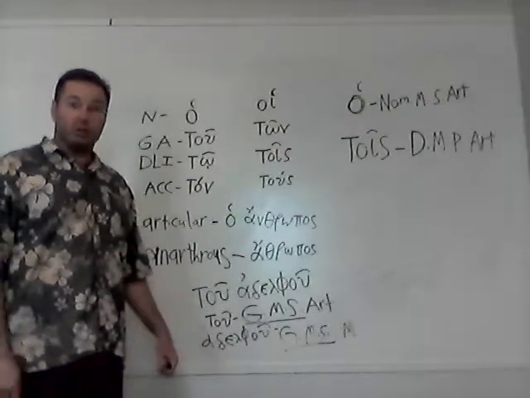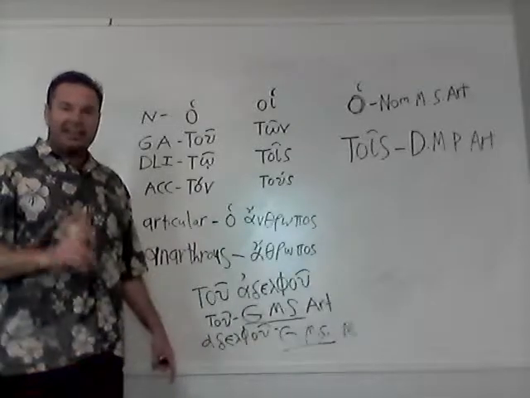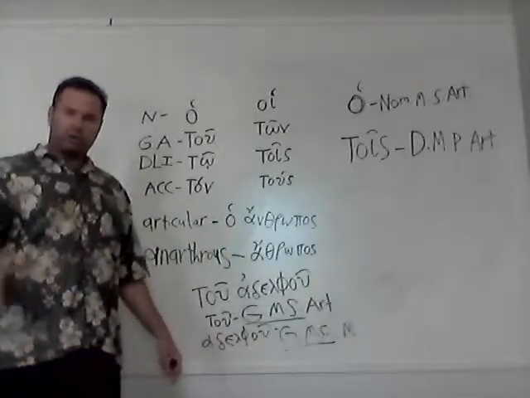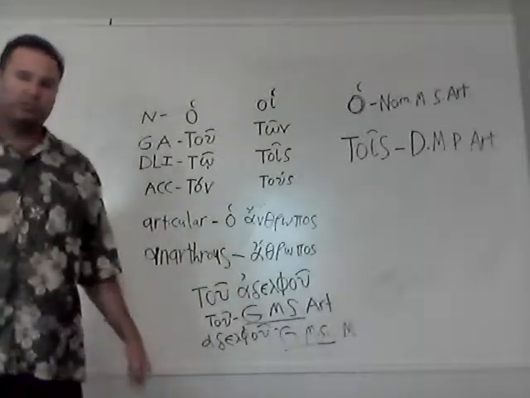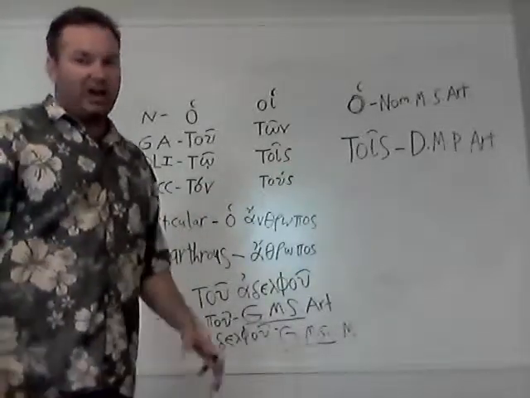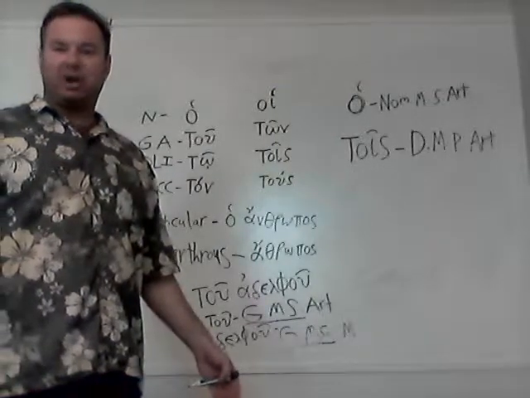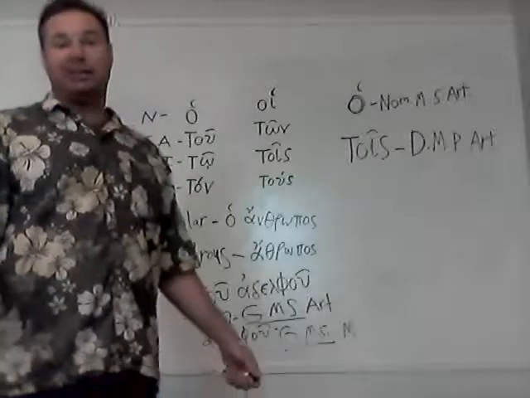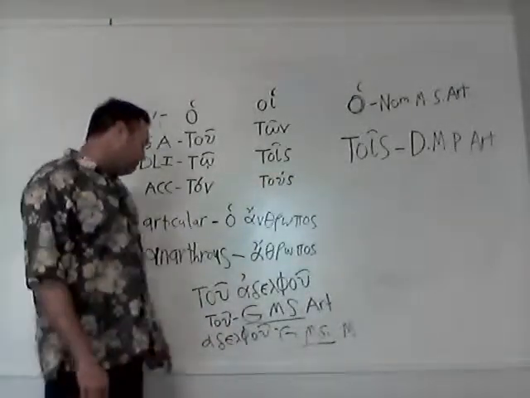And it gets really annoying, and you want to rip out your little hairs and stuff. But if you know your articles and you see that the article is governing a noun, even if it doesn't follow the usual patterns and it looks a little funky, it's going to agree, and it's really easy to decline the noun if you've already declined the article.